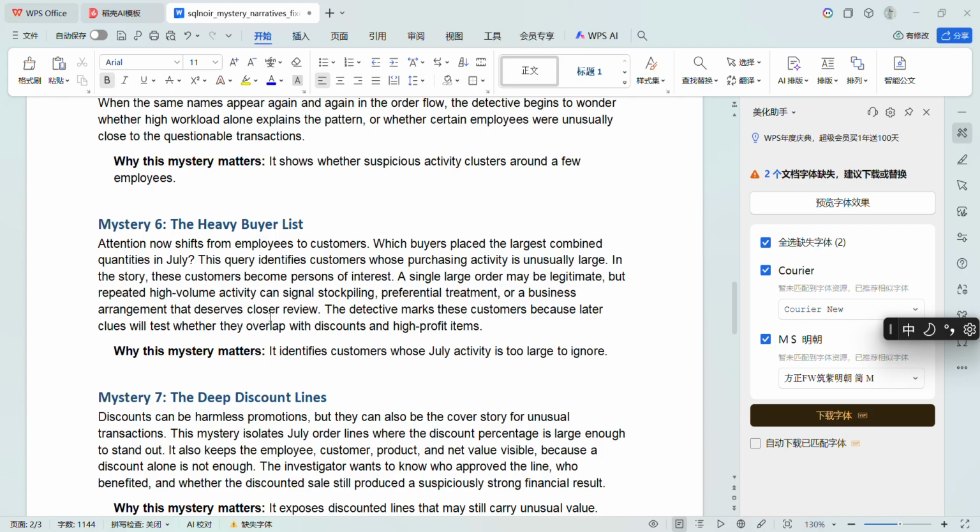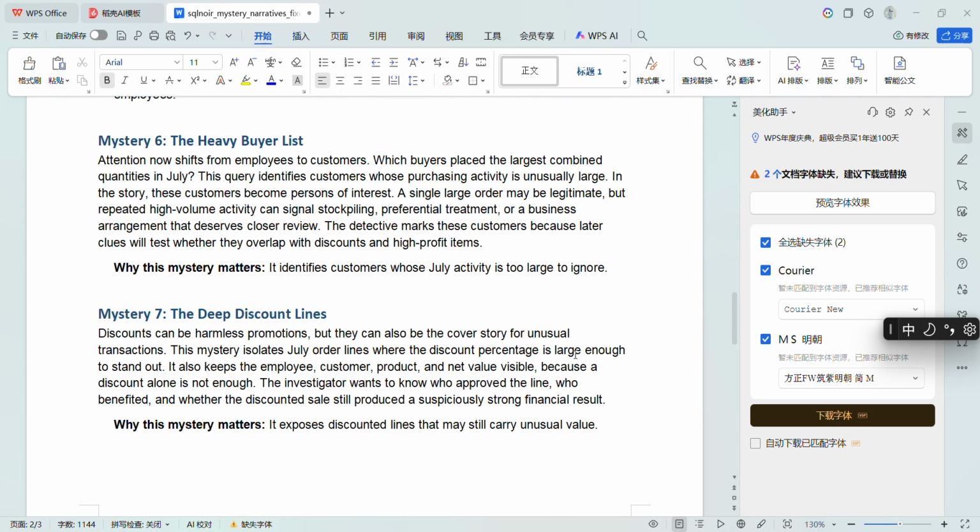Later the survey's closer reveals more. The detective marks these customers because later clues will test whether they overlap with discounts and high profile activities. Why this mastery matters: it identifies customers whose daily activity is too large to ignore.